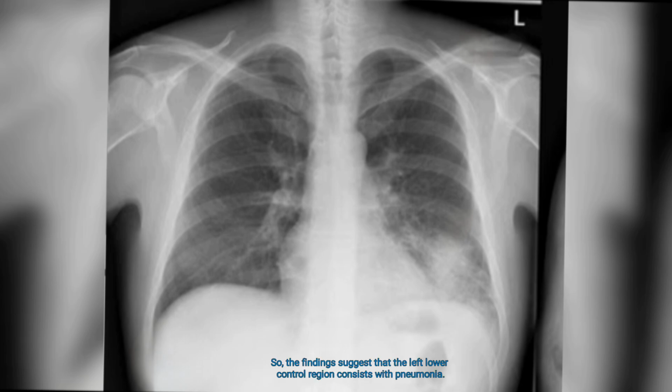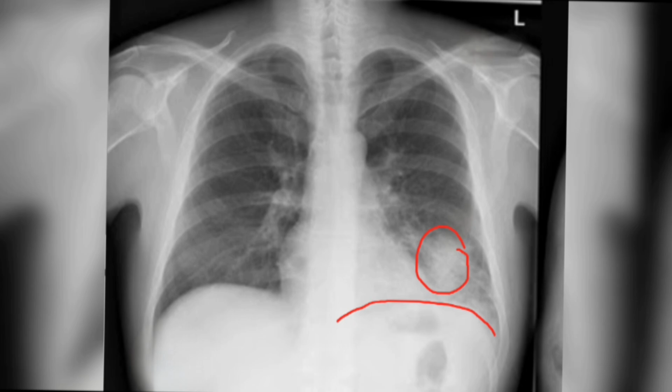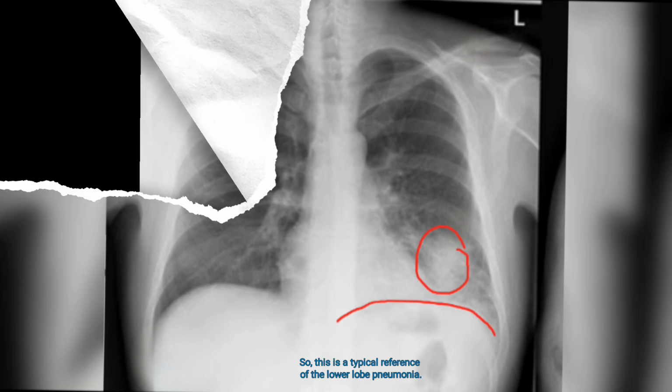So the findings suggest left lower lobe consolidation consistent with pneumonia, because the findings are the white patchy appearance, the partial loss of the diaphragmatic outline, and the increased density of the retrocardiac region. So this is a typical presentation of lower lobe pneumonia.